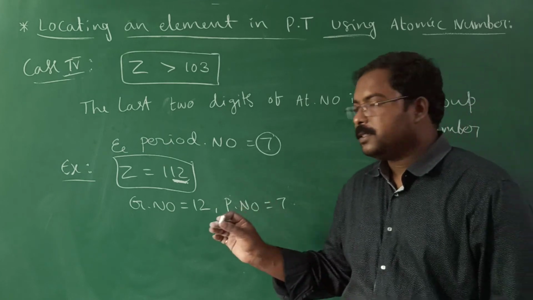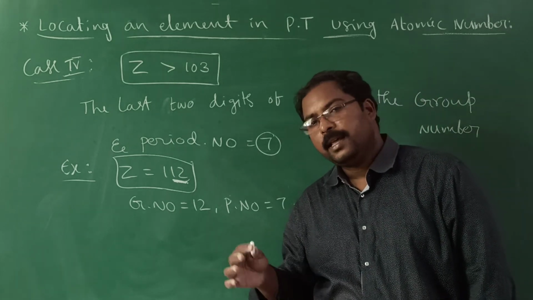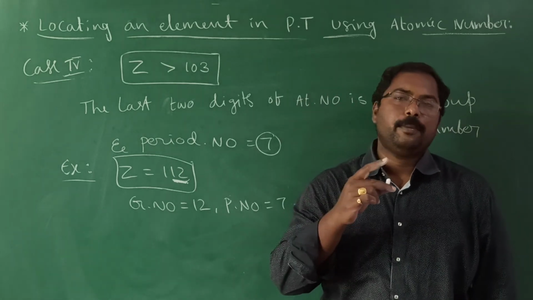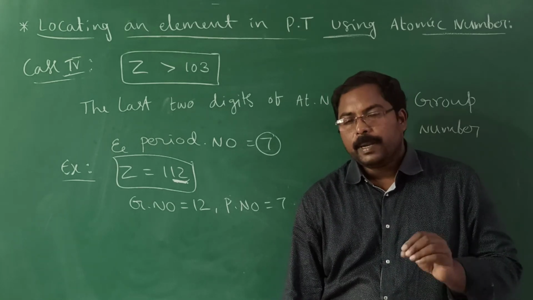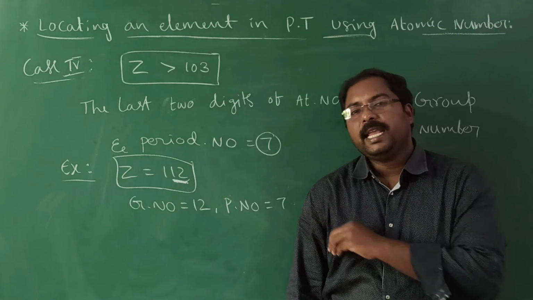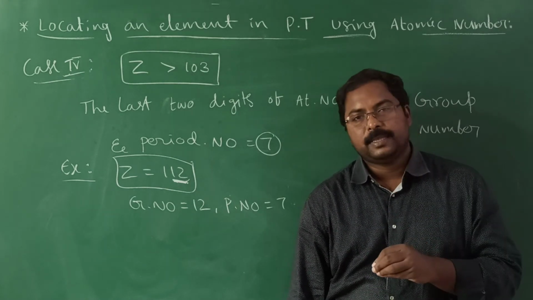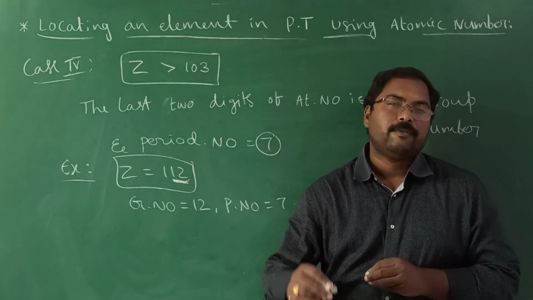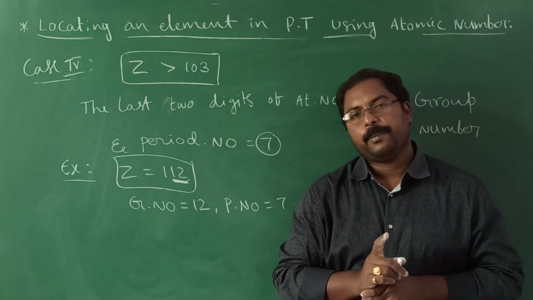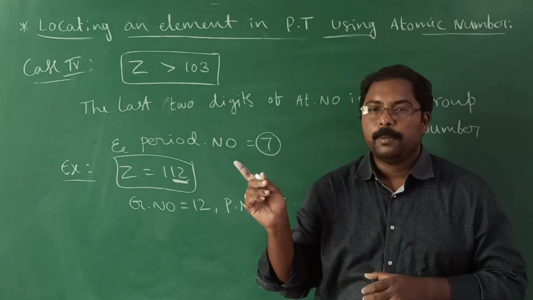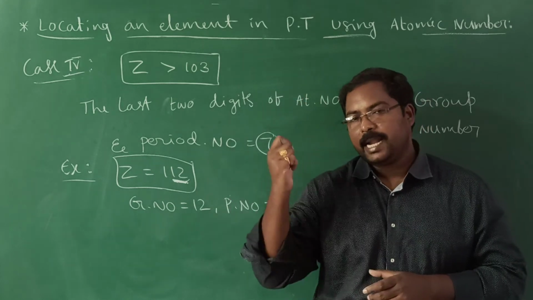Okay. So in this way, you can find the location of any element in the periodic table. Whatever atomic number they give, you are able to find it. But it is not an easy task, so we have to remember a few things. First, we need to remember the atomic numbers of noble gases. How to remember them using the simple magic numbers, I already explained.